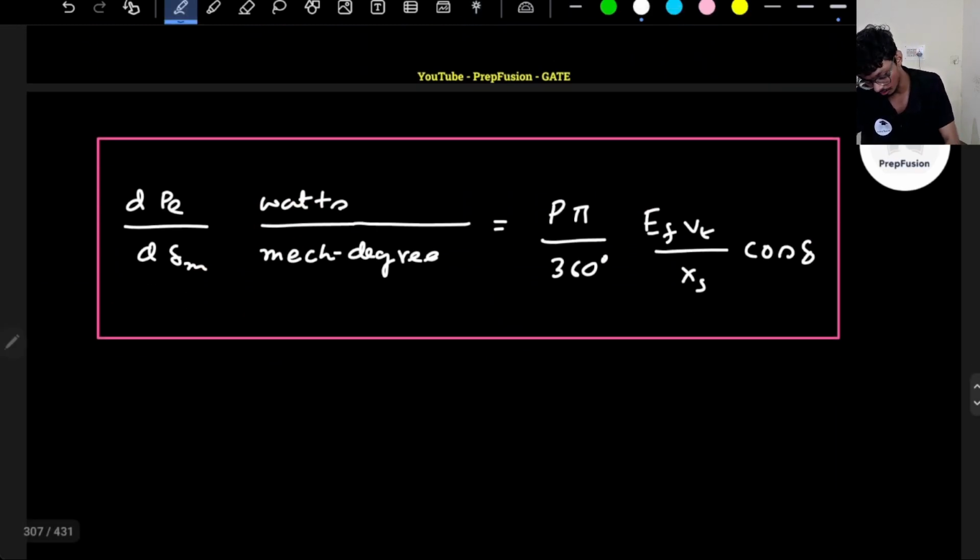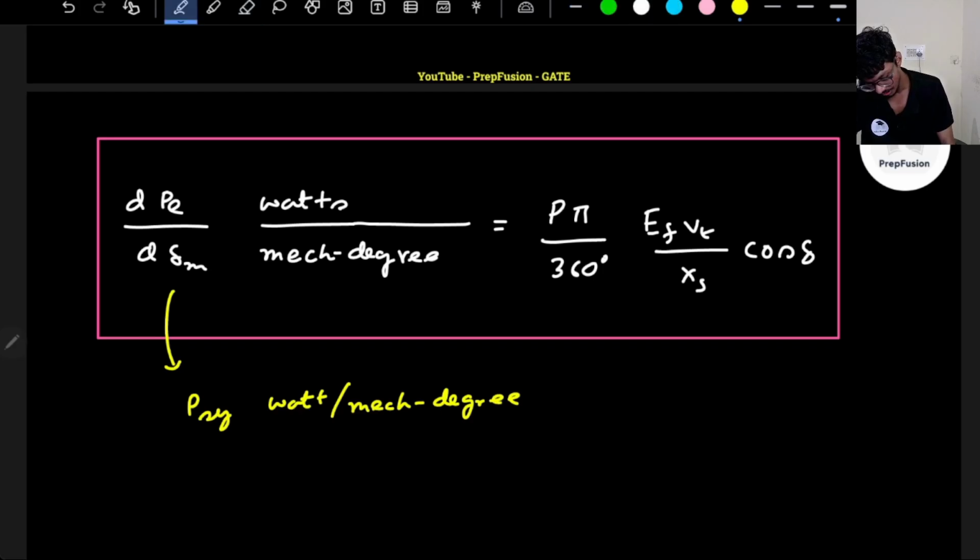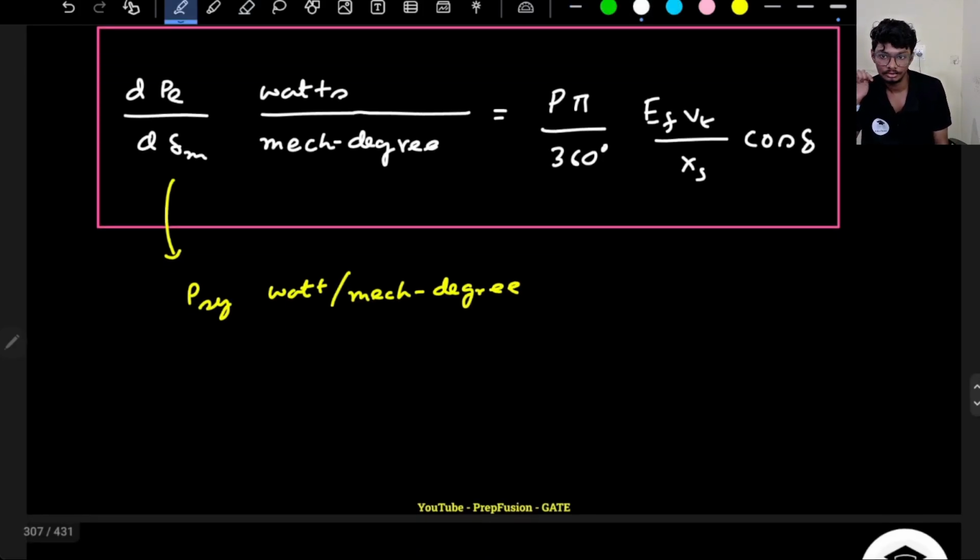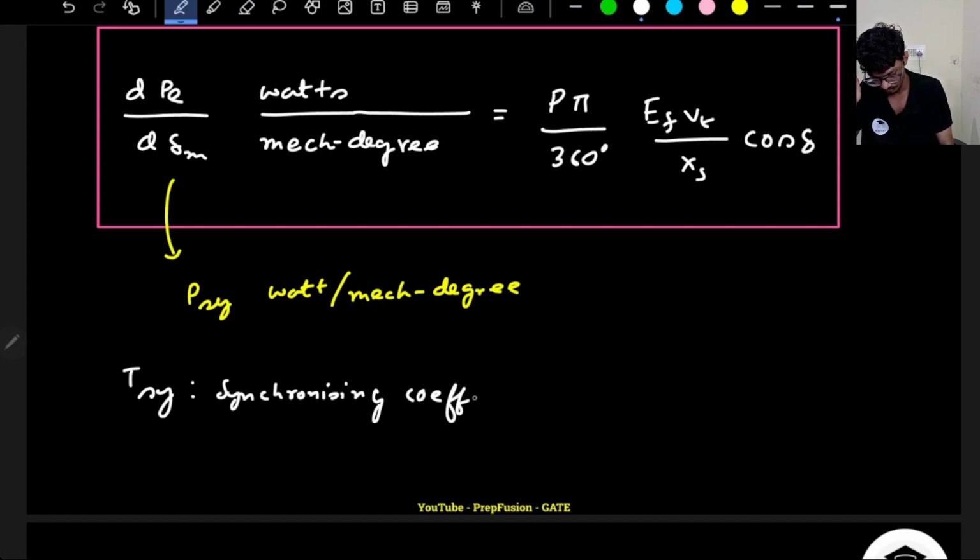Now if I want to convert this into torque, so this is my PSY in watt per mechanical degree. If I want to write the synchronizing torque coefficient, remember your torque is with respect to the overall power.